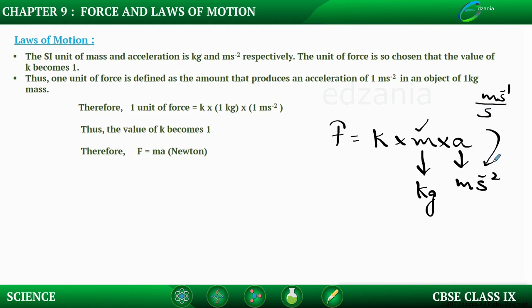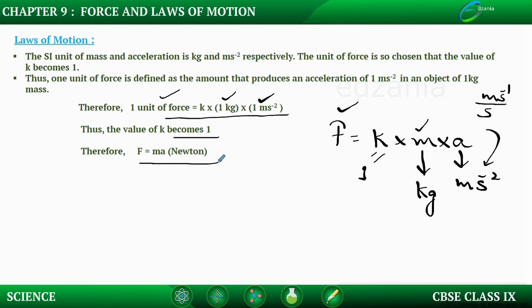The unit of force is so chosen that the value of K becomes 1. Therefore, 1 unit of force is defined as the amount that produces an acceleration of 1 meter per second square in an object of mass 1 kg. From here, the value of K becomes 1. Therefore, we get F is equal to ma, that is force is equal to mass into acceleration.